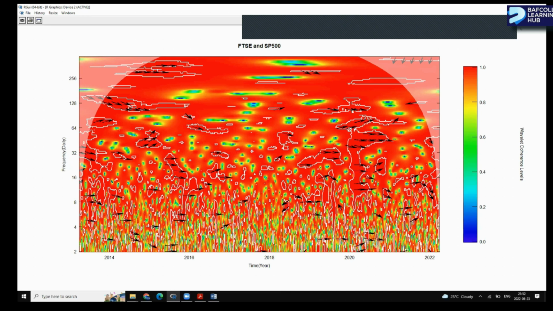So we can cut out all the way from scale 2 to 16 and write one blanket description for them: a mixture of fast coherences, both in phase and out of phase, in the short term. Yeah, in the short term, about scale 2 to 16. For daily data, 2 to 16 is enough to be short term, so less than a month.